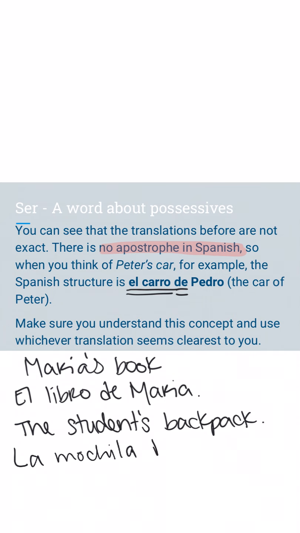So instead, I would have de plus el, right? Estudiante. But we know now that that de and that el are going to combine. So instead of de el estudiante, the new word that we should have would be del.